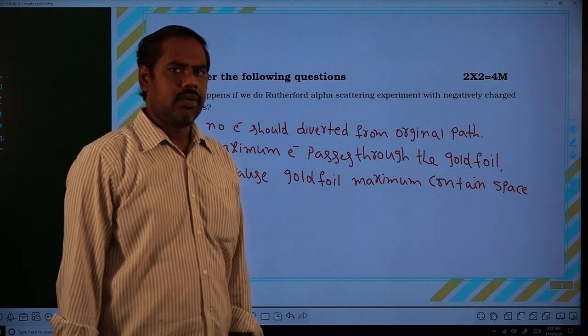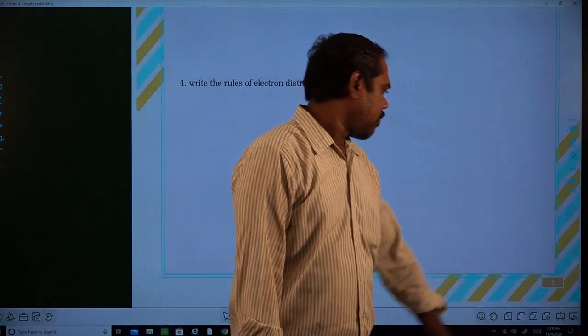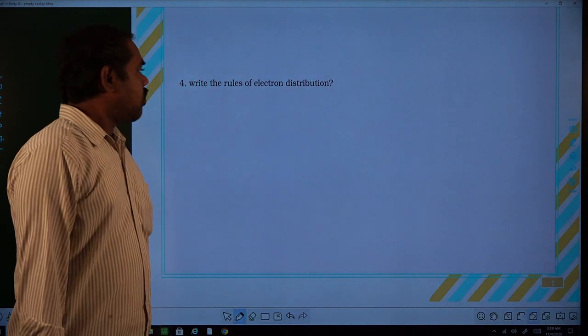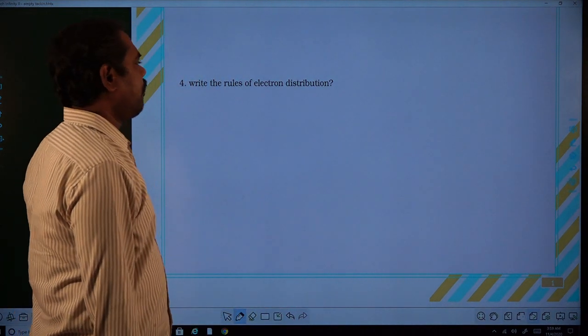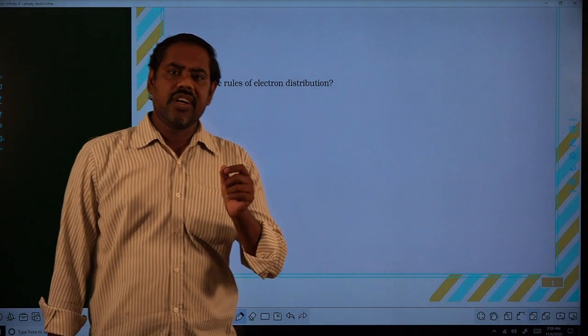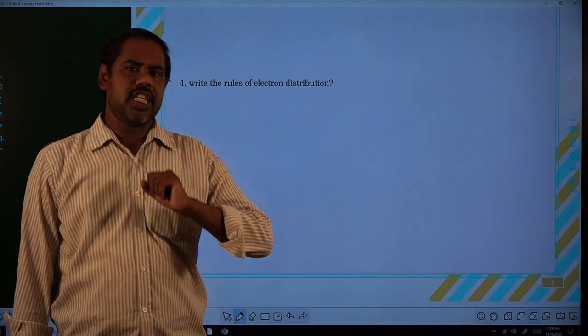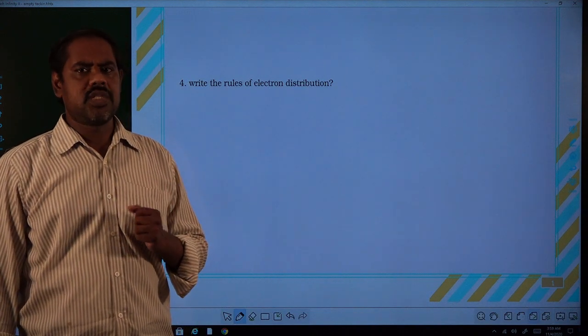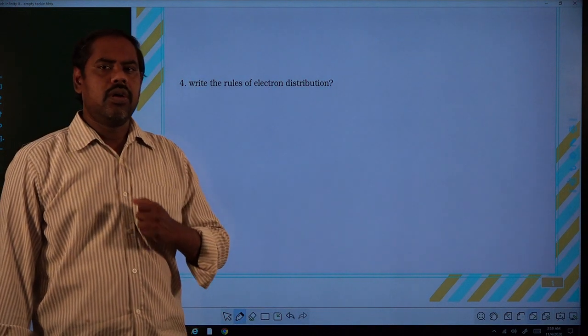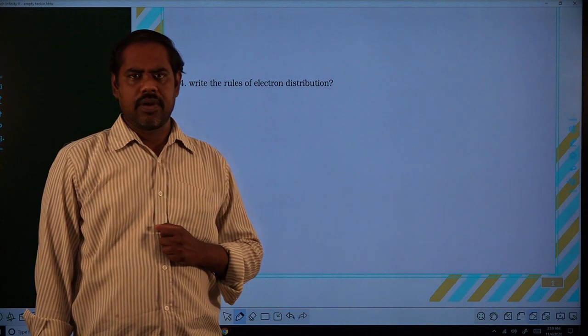Next, coming to the next question: write the rules of electron distribution. The electrons are distributed in the orbits or shells according to three principles, which are the Aufbau principle, Hund's rule, and the Pauli exclusion principle.